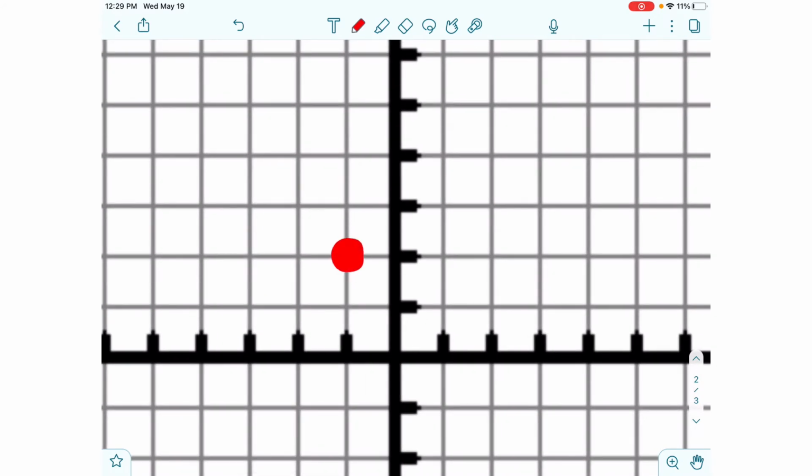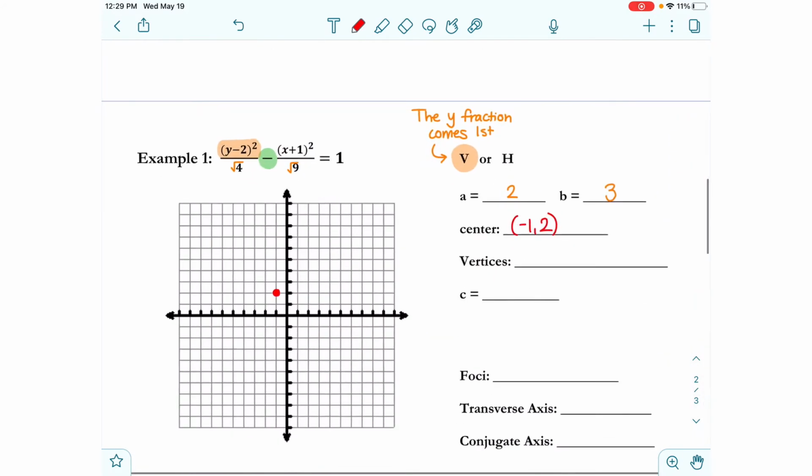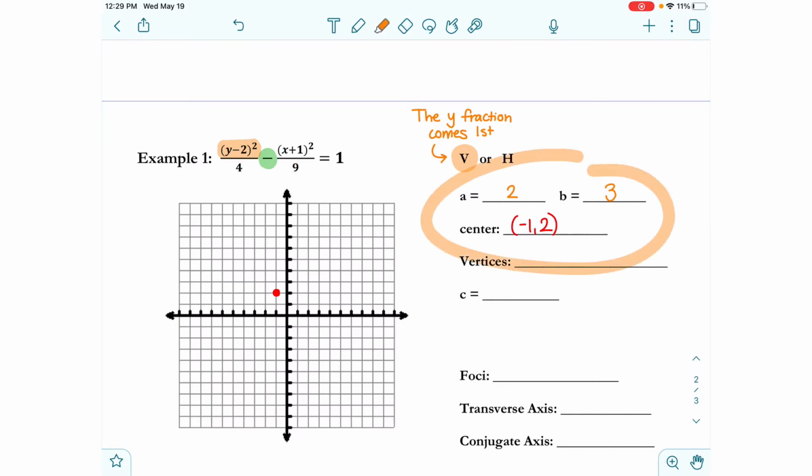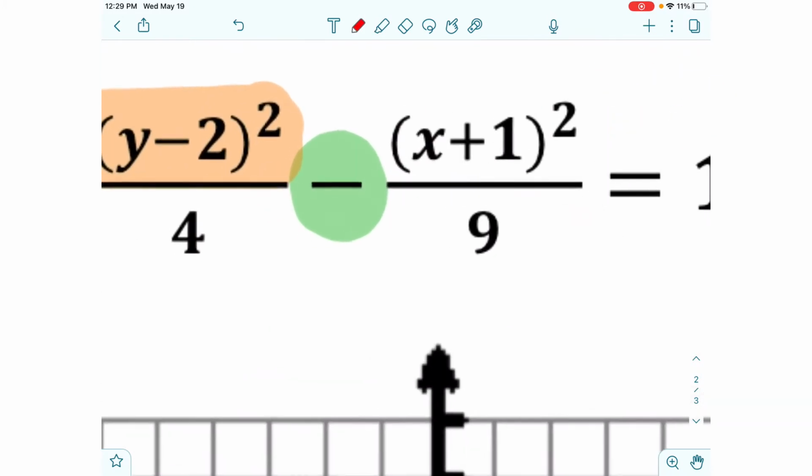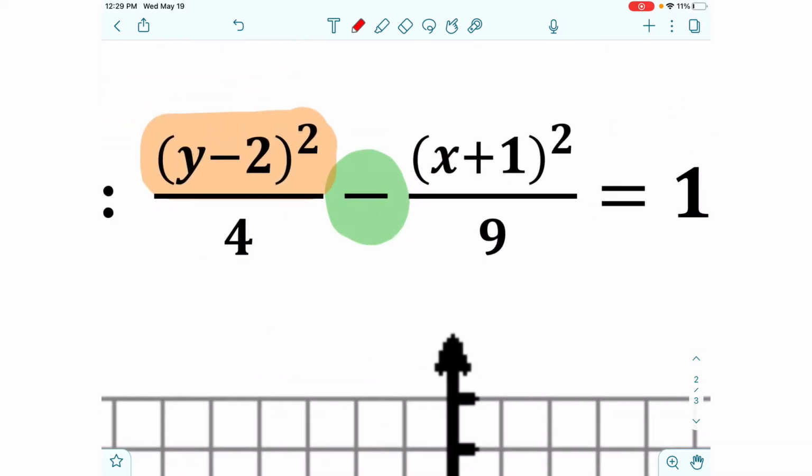Before we do the rest of these blank spots, I'm actually going to have us graph the hyperbola. So go ahead and plot the center. I think it's easiest to forget about a and b, because sometimes the a and b part confuses me. I just look at the equation to graph. The number under y always indicates how far to go up and down.